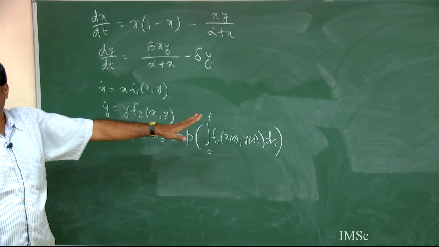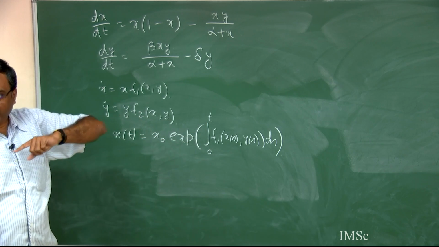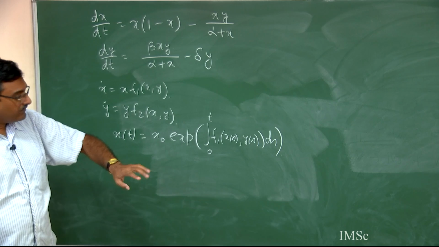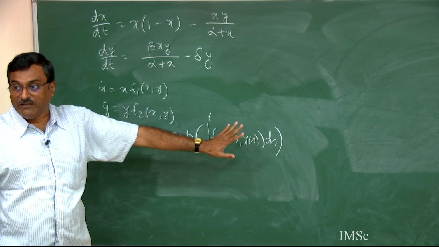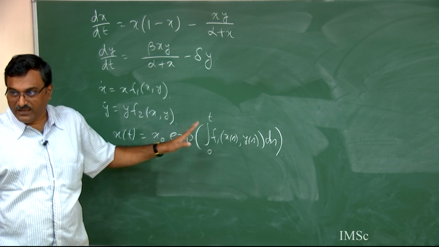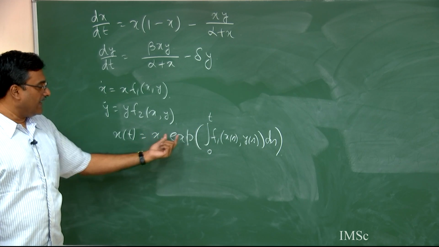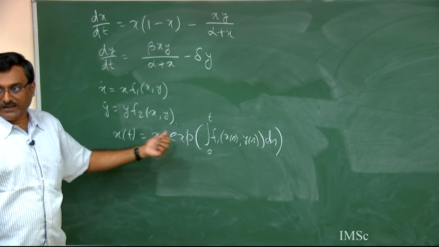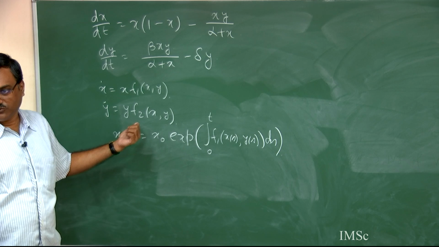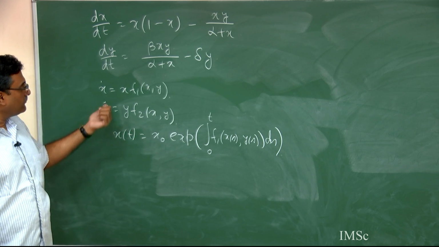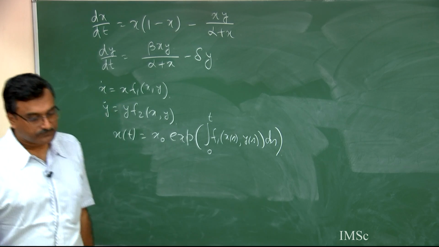It might approach 0, it can asymptotically converge to 0, but it cannot be a negative function of t because the exponential term is present here and you are choosing x0 as a non-negative quantity. The similar conclusion holds for y also.